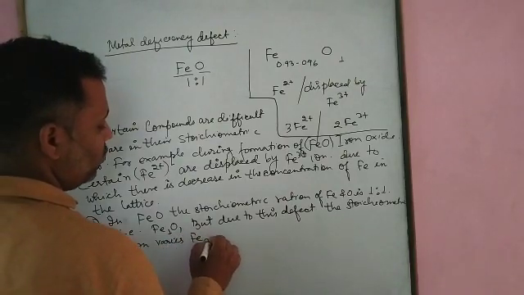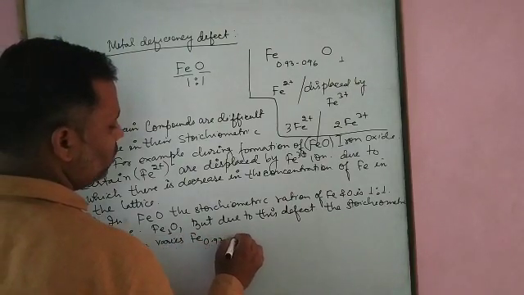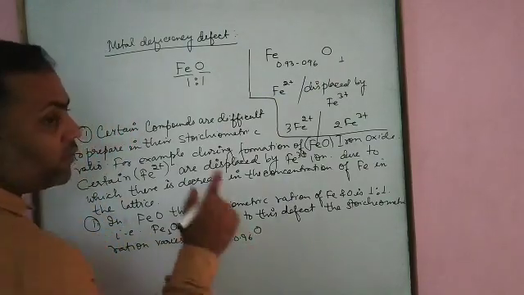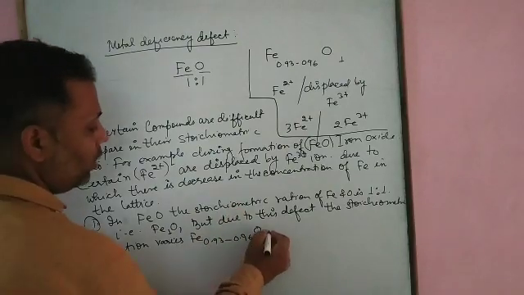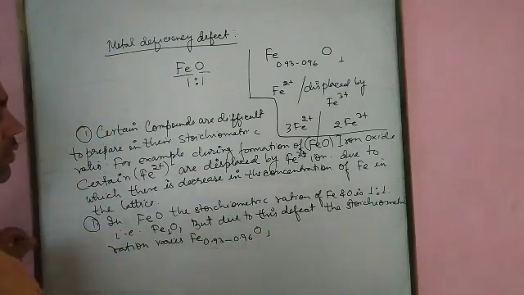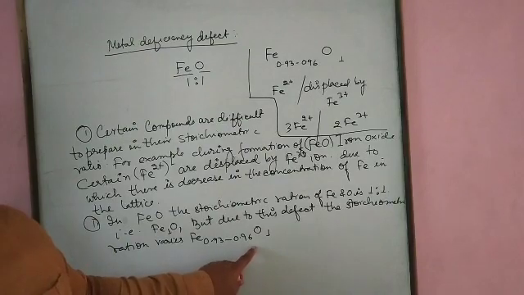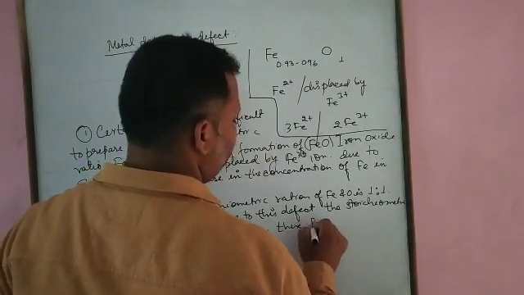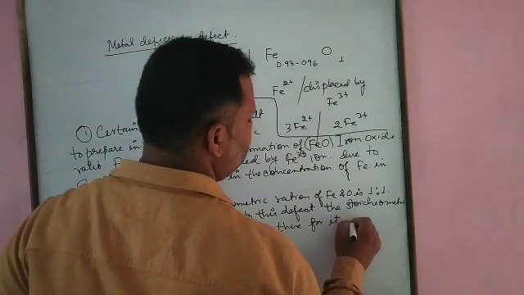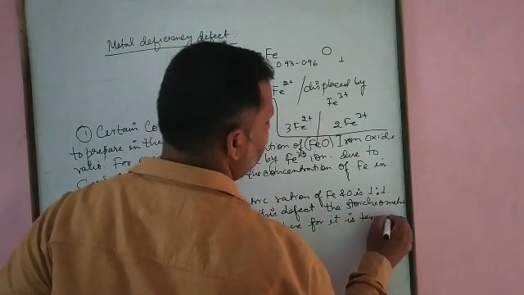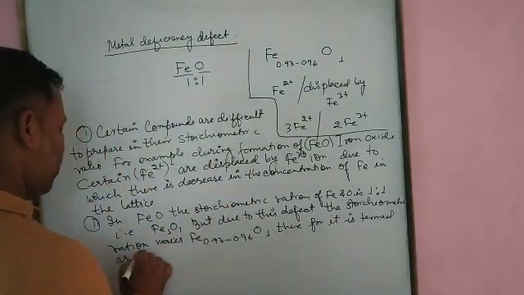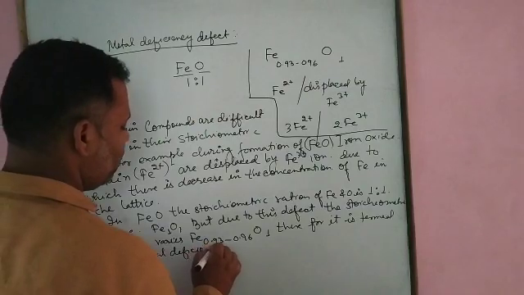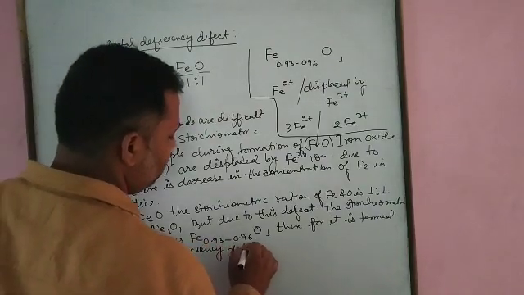Fe is 0.93 to 0.96. Instead of 1:1, the concentration of iron is lesser than 1. Therefore, it is termed as metal deficiency defect.